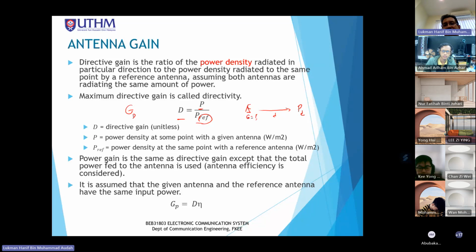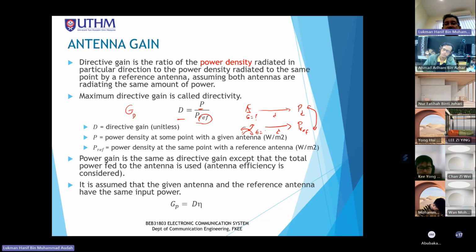If I want to compare it with the isotropic antenna, the isotropic antenna has a gain equal to 1. At the same distance D, I find that the power density is P ref. The ratio of both of these is what we call the directivity gain.